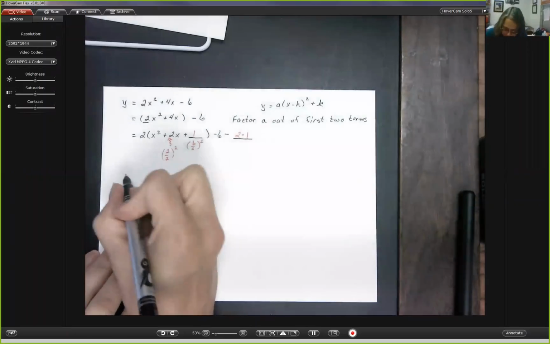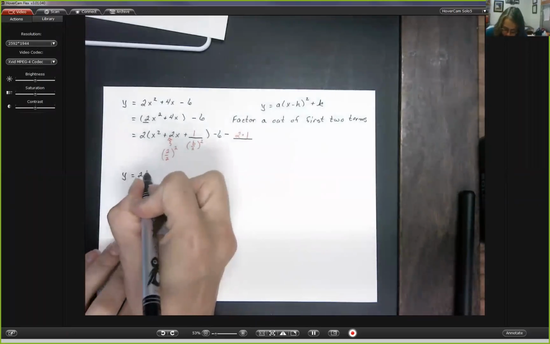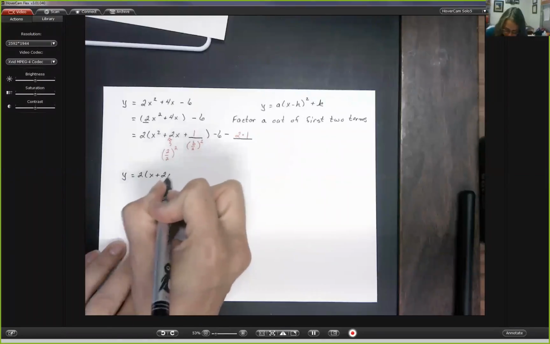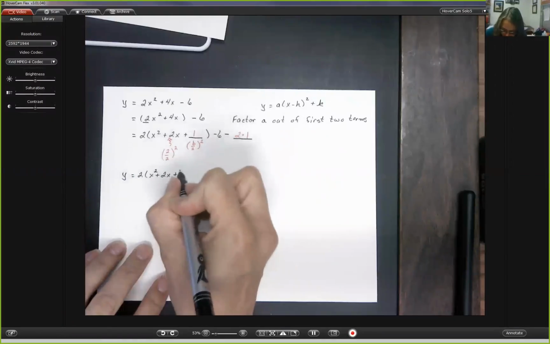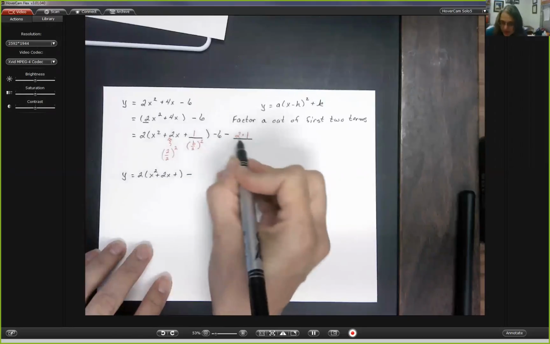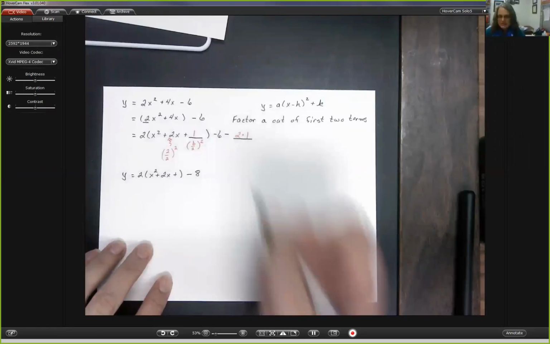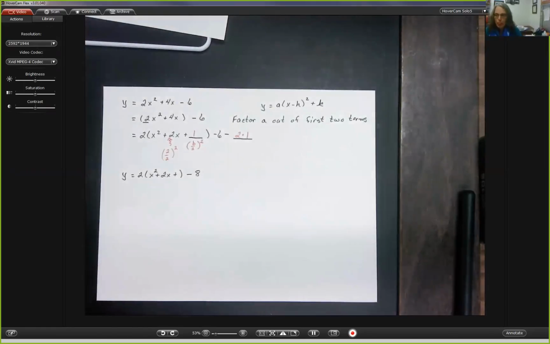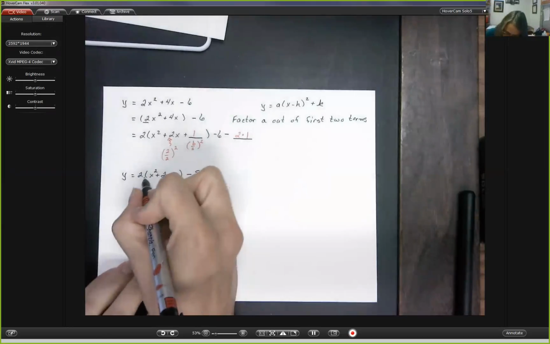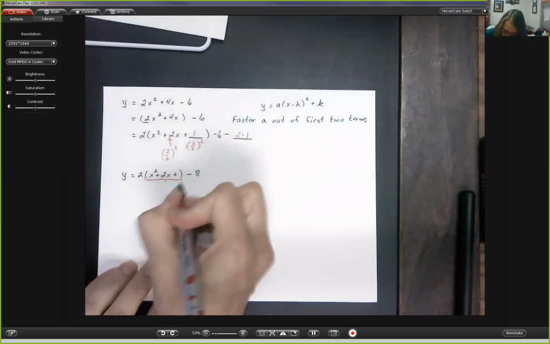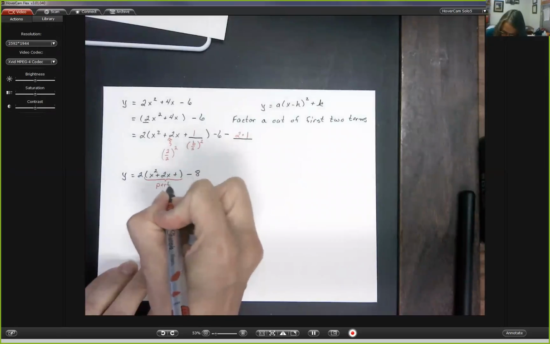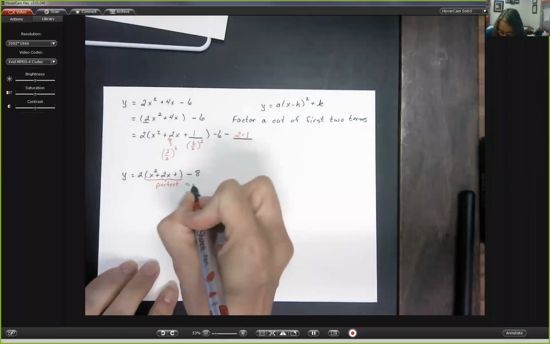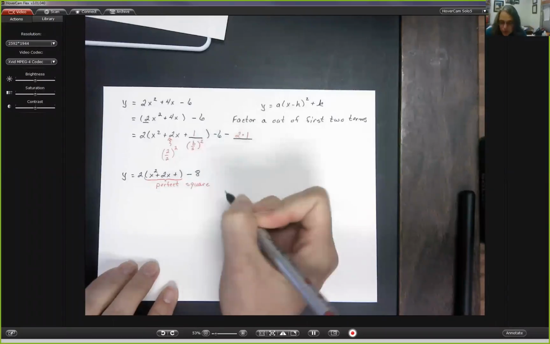So now what I have is y equals 2 times x squared plus 2x plus 1 minus, combine our like terms back here, 8. Okay, here's the magic, and this is why it's called completing the square. Whenever we do this, we will always end up with a perfect square trinomial, which means it always factors the same way.